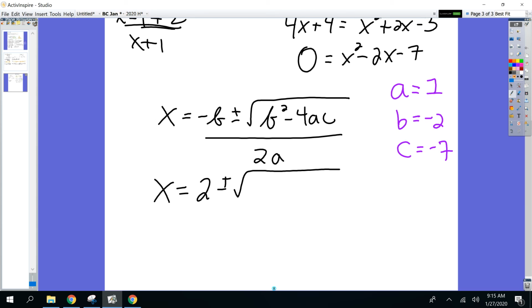Again, you've got to hit the number. So 1, store in for A. Negative 2, store in for B. And hopefully we'll all get the same number out. All calculators should be showing the same number right now that we're going to put underneath the radical.